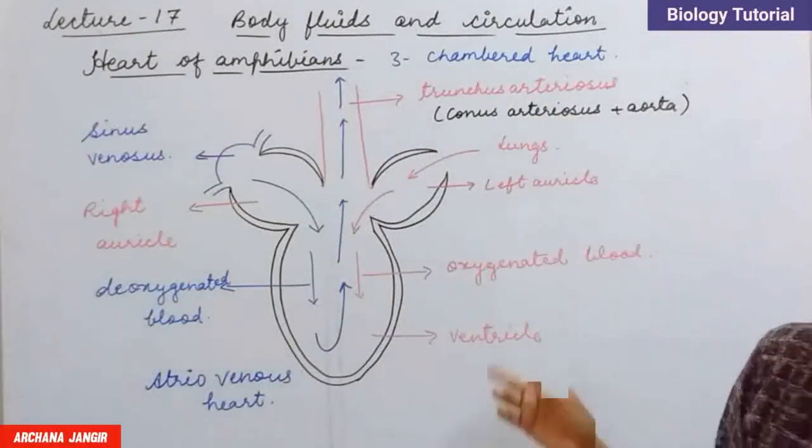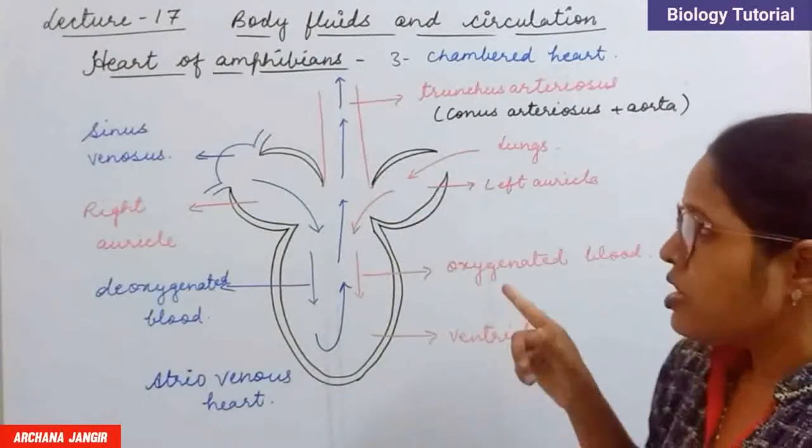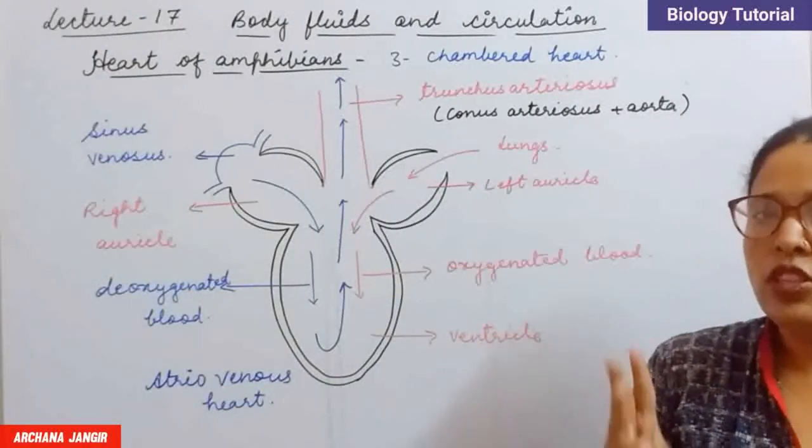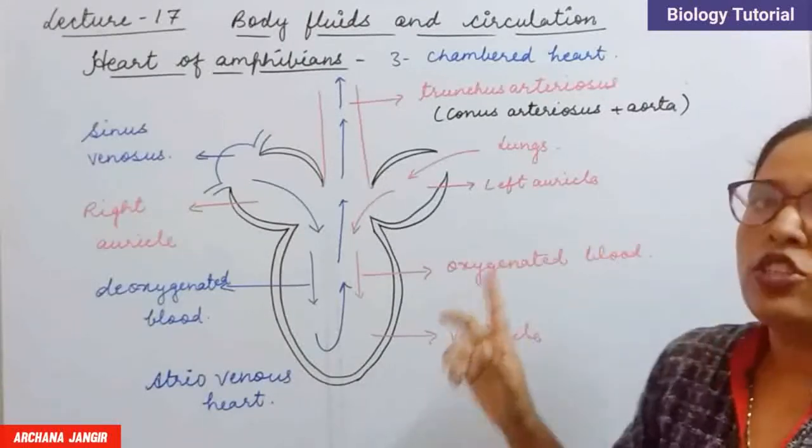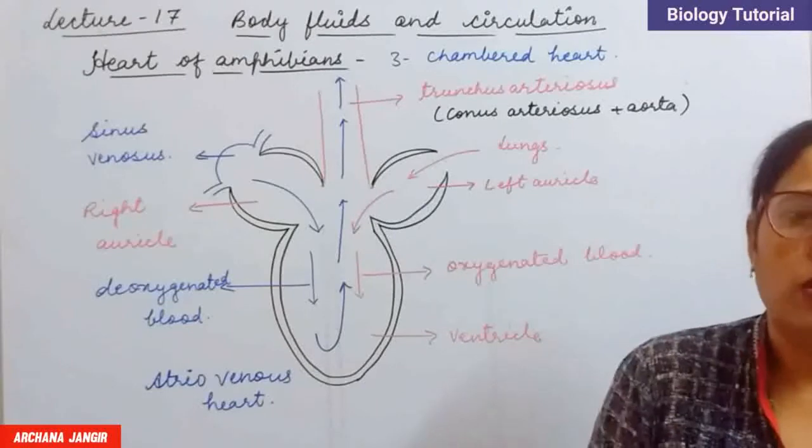Clear? So this is the type of heart in amphibians. The three-chambered heart is there. One more thing, the circulation is double circulation.